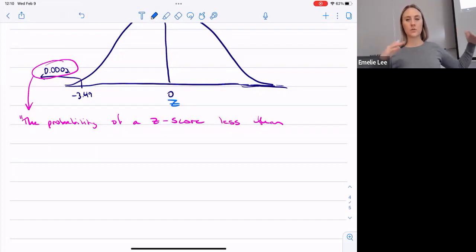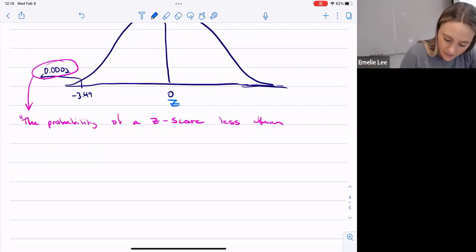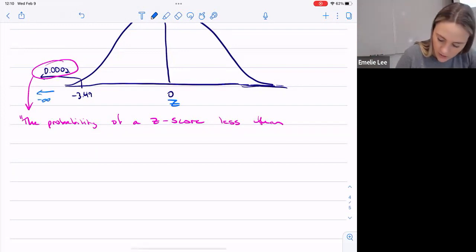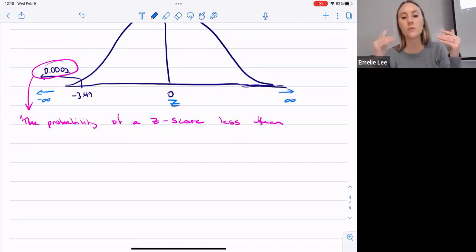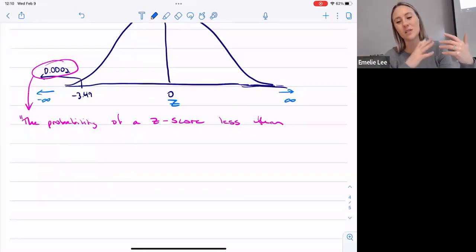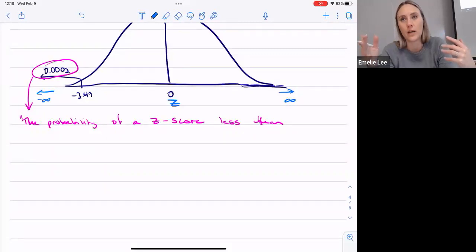Z goes from negative infinity out to positive infinity. So you can absolutely have Z scores that are beyond negative 3.49, and then it's going to be symmetric. On the positive side, we'll max out at 3.49.